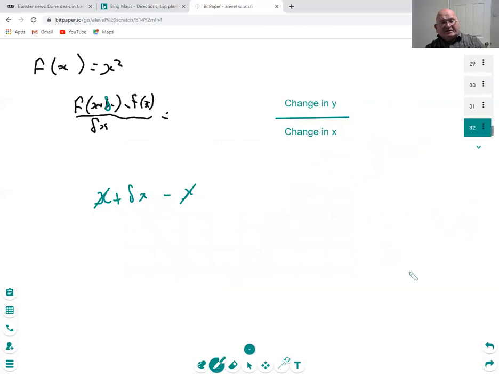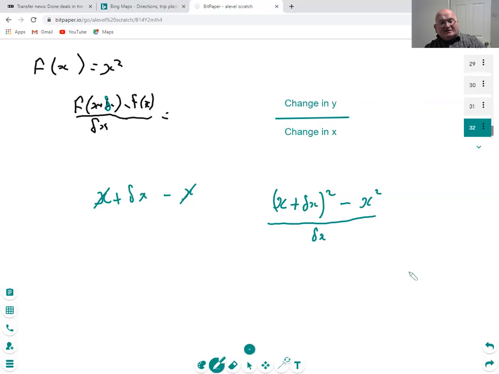So when we come back to here again, I'm going to continue down here. So that is x plus delta x all squared, because I'm just taking the function of what's in the brackets, and what's in the brackets is x plus delta x. So I'm squaring that because that is the rule for this function. Taking away f of x, which is just our x squared, all over delta x, which we're going to get used to writing.